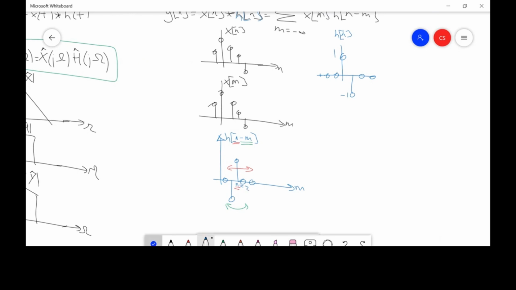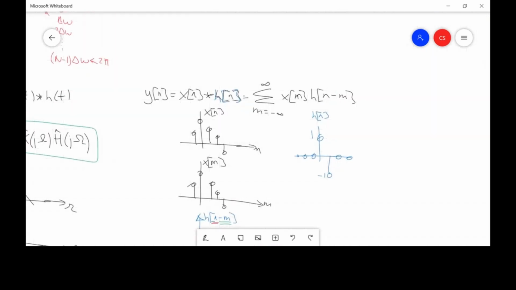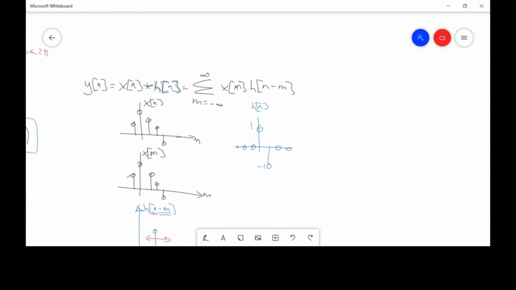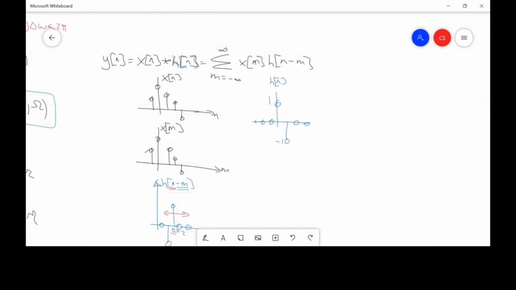That is what the convolution is saying. The convolution says, okay, keep the one x of m as it is. Take the middle of h and shift it to the right position, and then multiply the two.